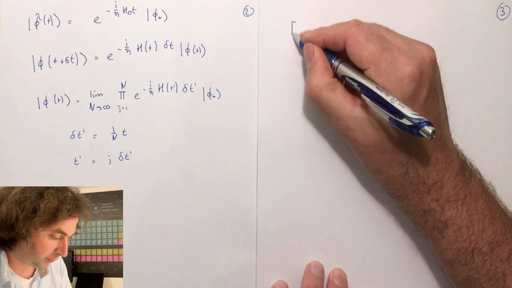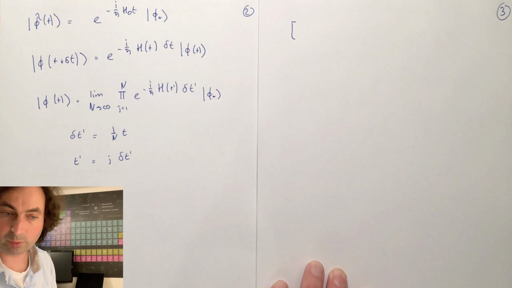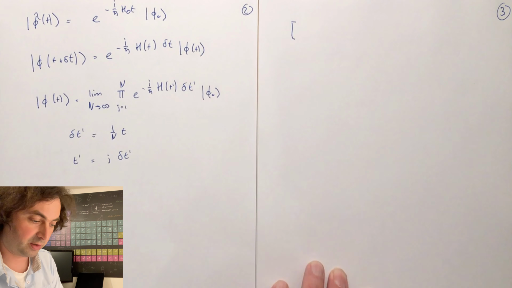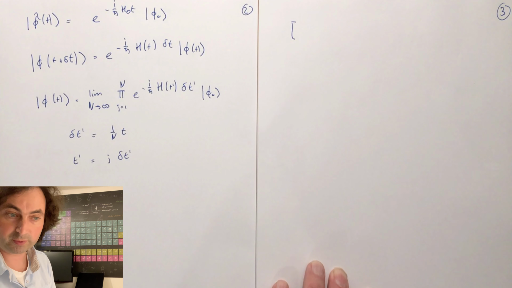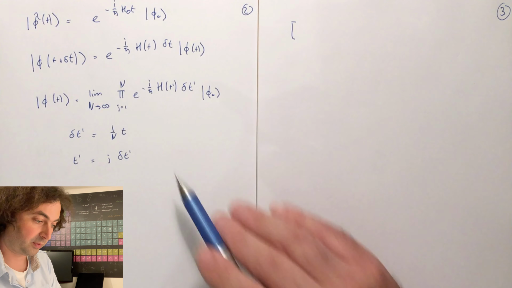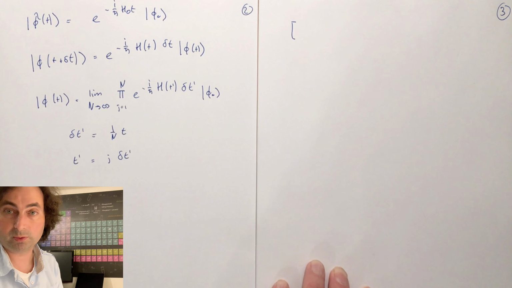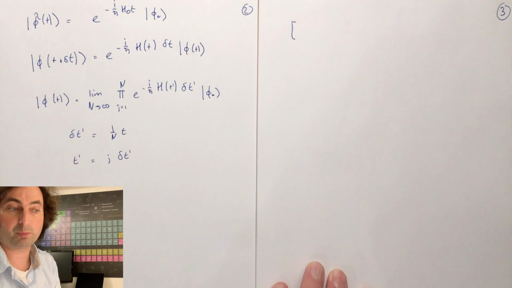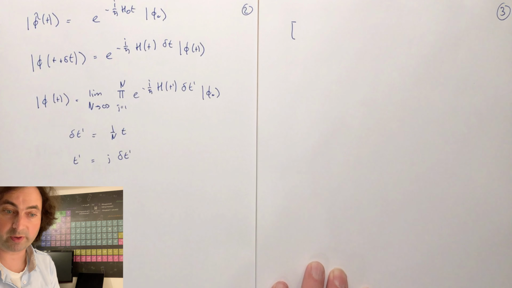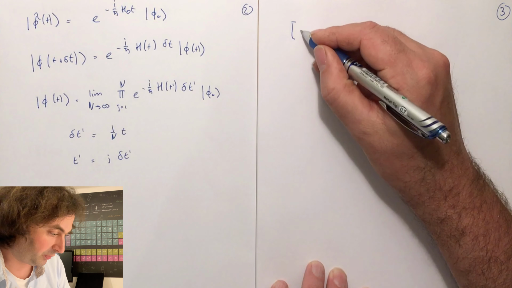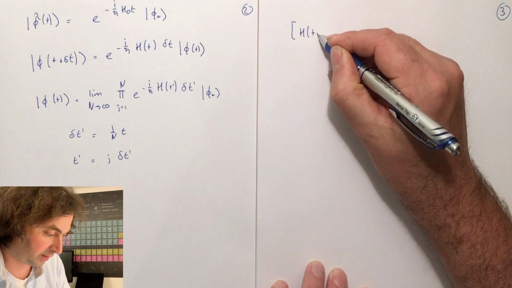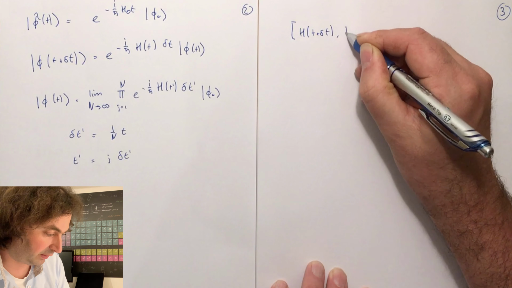Now, for Hamiltonians that commute, we can easily write the product of two exponentials as the exponential of the sum of the two. e to the power x times e to the power y is e to the power x plus y. But we have the problem that our Hamiltonian at two different times does not necessarily commute.